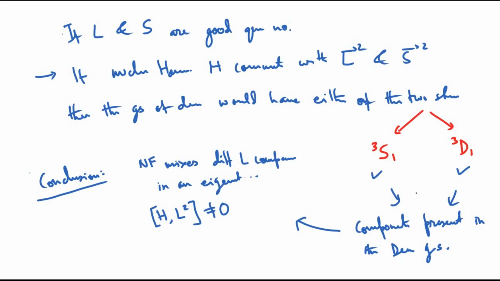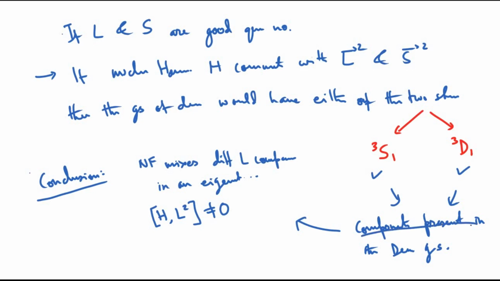And the information that both components are present in the Deuteron ground state, we will get the evidence for this while analyzing the electric quadrupole moment and magnetic dipole moment.